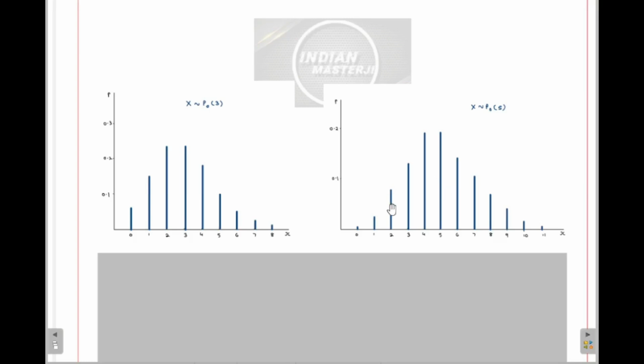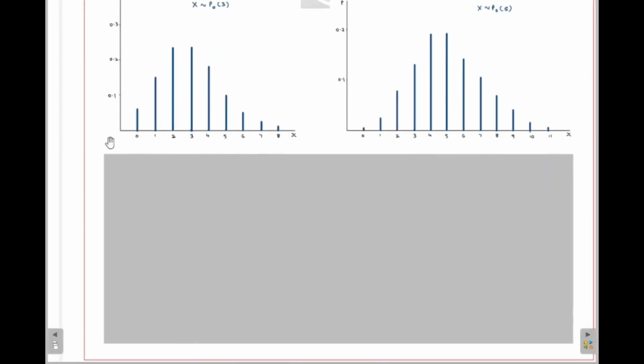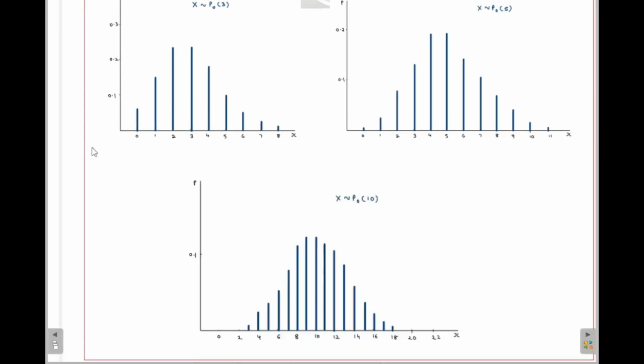For lambda equal to 5, it is becoming centered about 4 and 5, the taller towers. If I increase lambda further, here I have made lambda equal to 10. The curve becomes more and more symmetrical and concentrated on either side of these tall pillars.